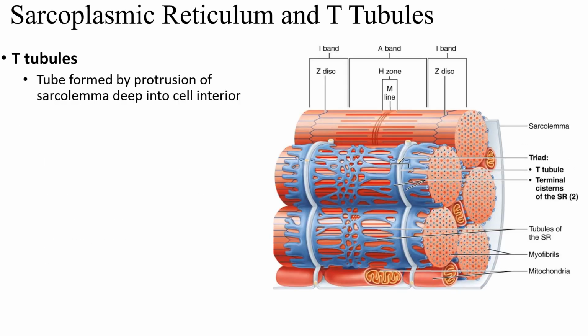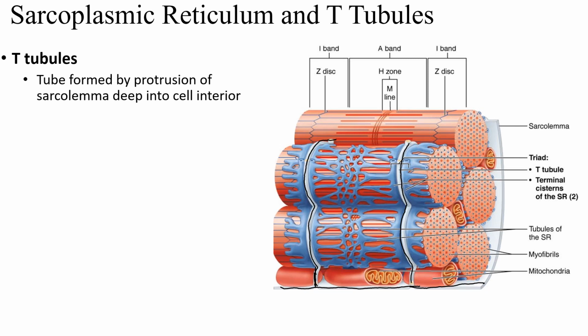The T-tubules are going to be this white structure here. So I'm going to put the black on top of it. This is going to be a T-tubule. The T-tubules are going to be connected to the sarcolemma. So here, if we have this outside portion, all of this is going to be the cell membrane or the sarcolemma, and this is going to be connected to the T-tubules.